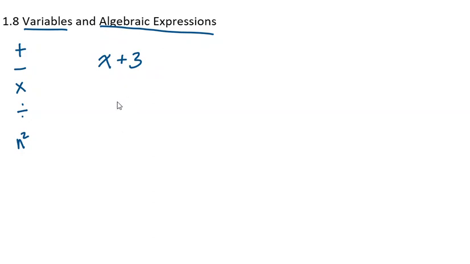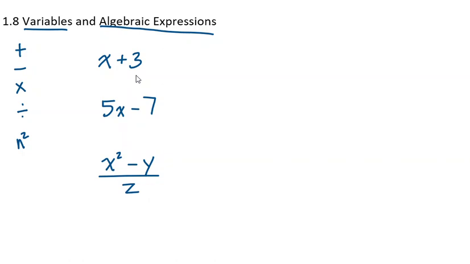We can do multiplication, so 5x, and subtraction, minus 7. Those are variable expressions. We can even raise variables to a power, so we can say x squared minus y, divided by z. So there we go. Those are all variable expressions.